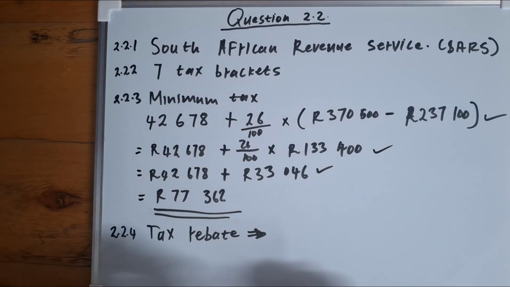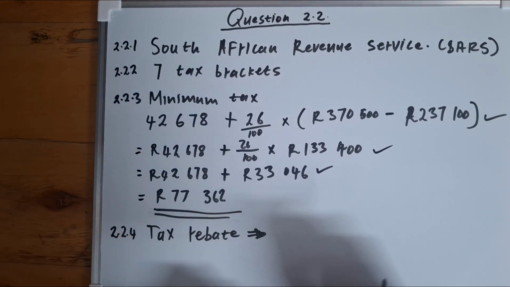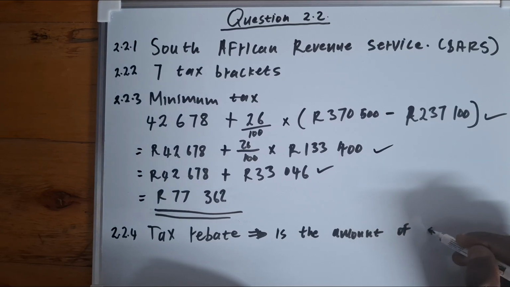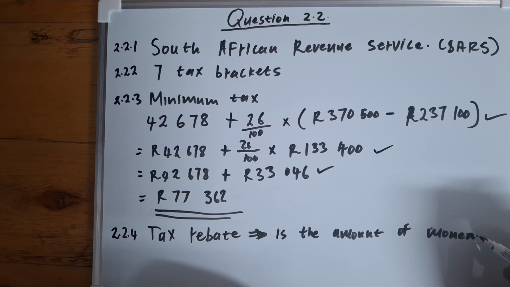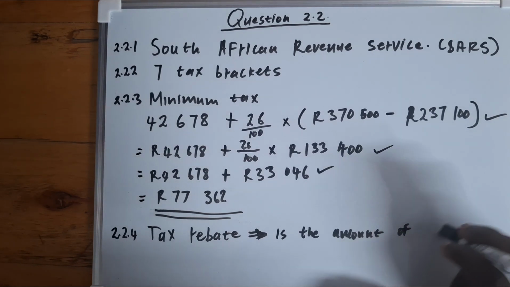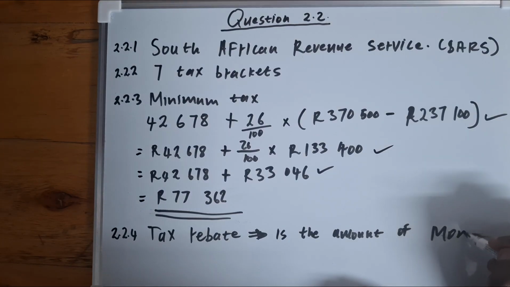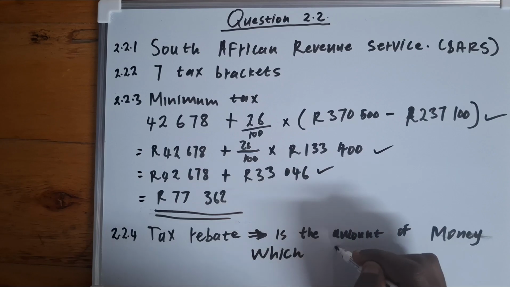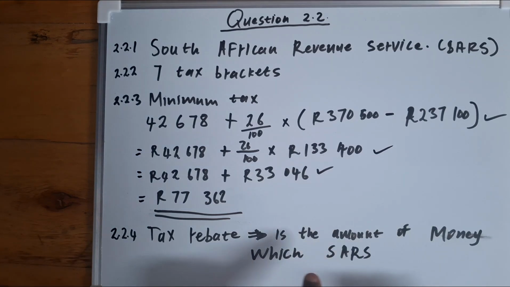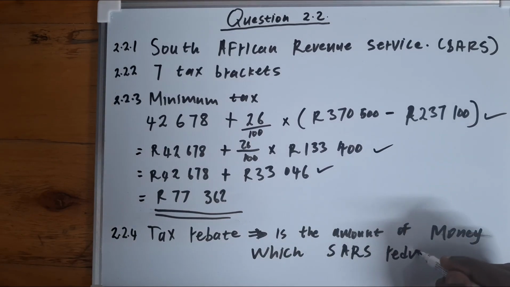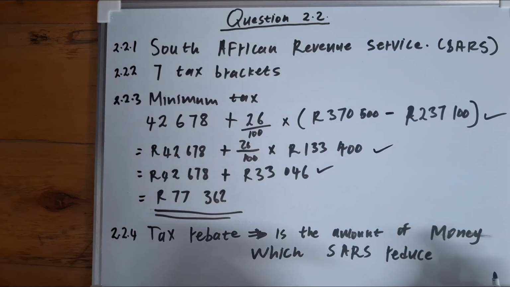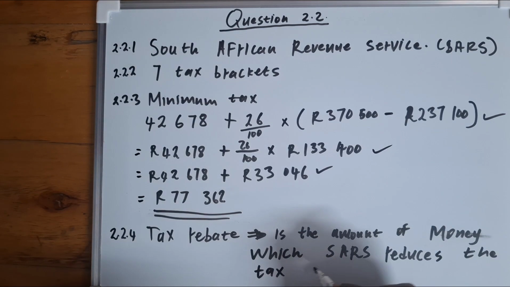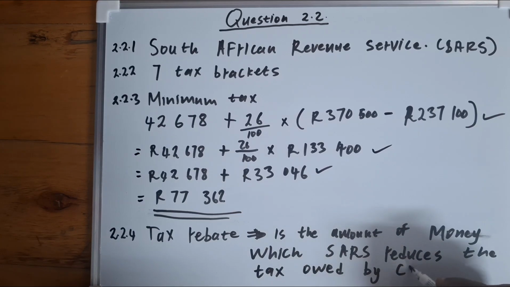So in order to contextualize the meaning of tax rebate, we're actually going to say tax rebate is the amount of money which SARS reduces the tax owed by Chloe.